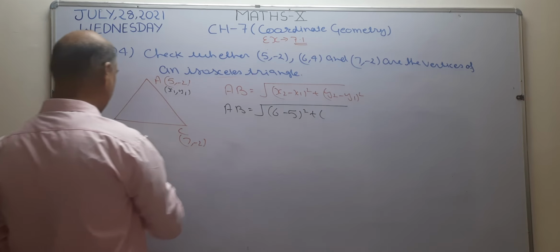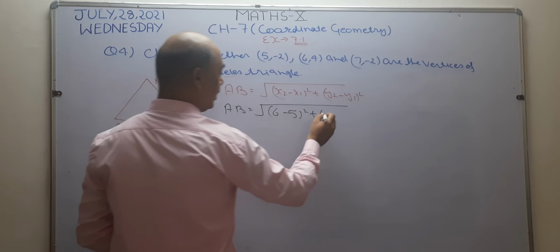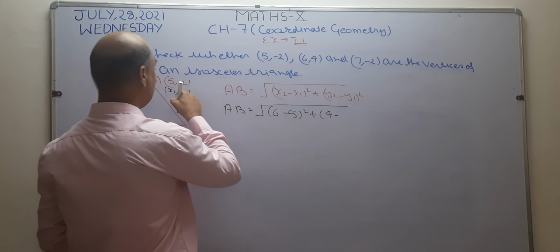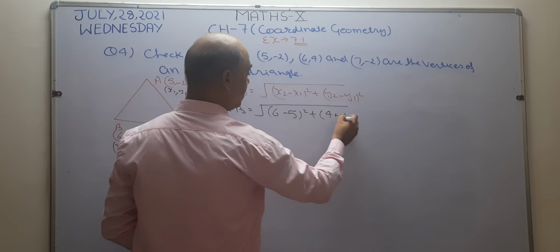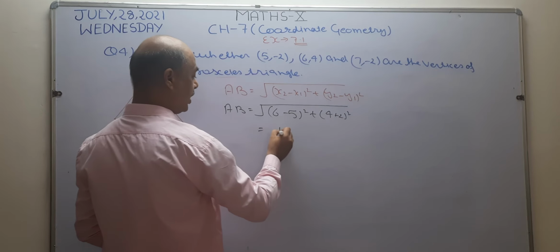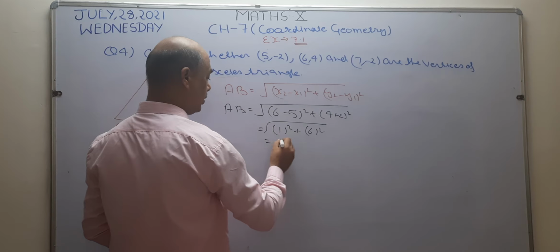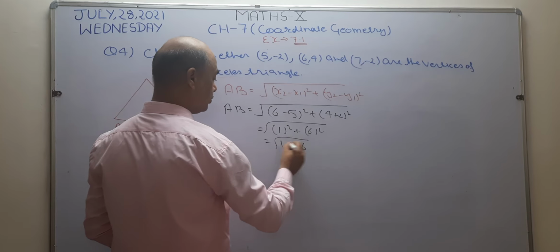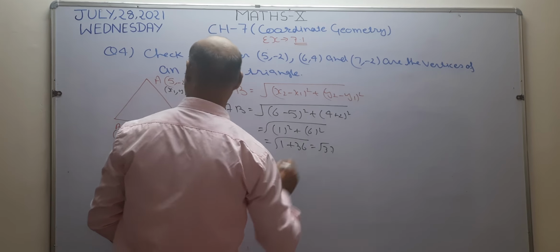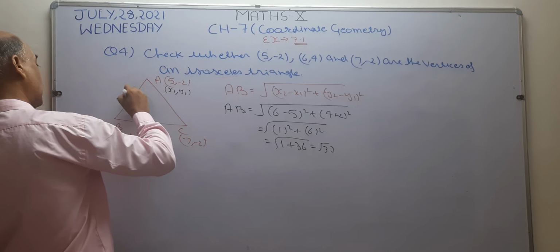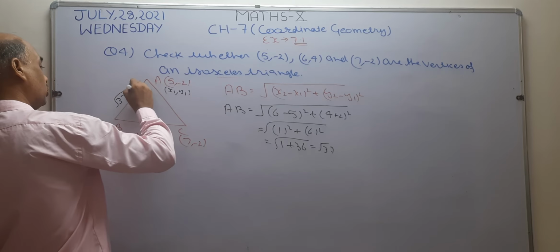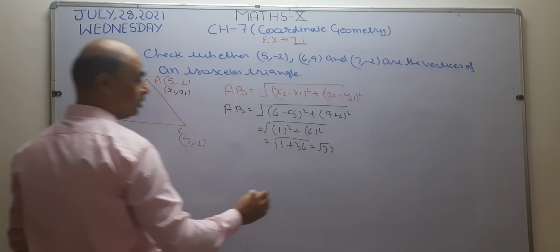The value of y2 is 4, minus y1 which is minus 2, so minus minus becomes plus. So 6 minus 5 is 1, 4 plus 2 is 6, so this becomes 1 plus 36, which is root 37. So the length of AB is root 37 units.